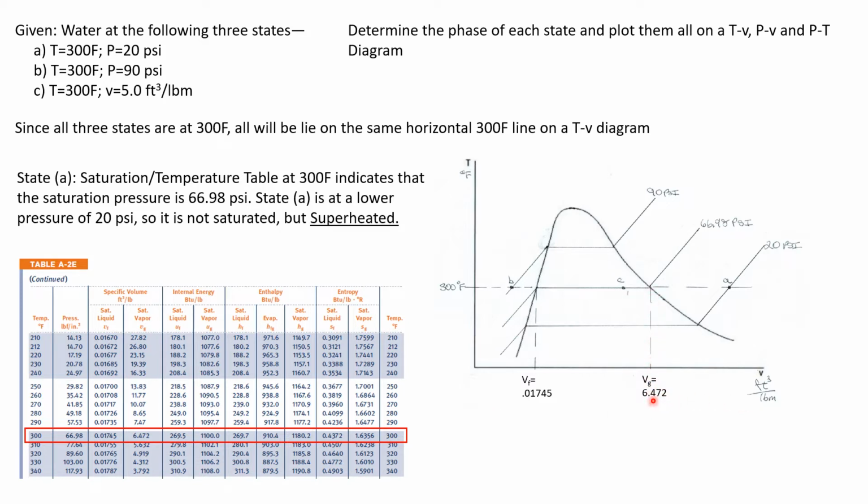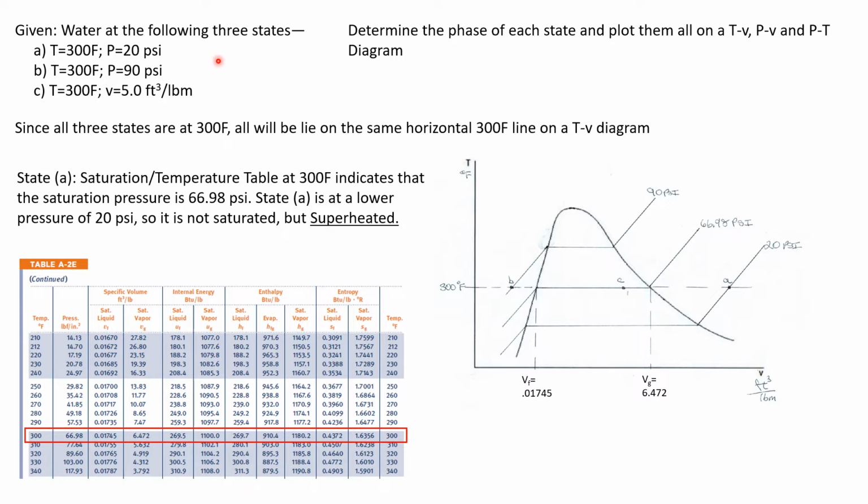So we have those points. And we can see that for state C, where we have a specific volume of 5 cubic feet per pound mass, that 5 lies between V sub F and V sub G. So we know state C is a saturated mixture located in this area under the vapor dome. So C will be plotted there.